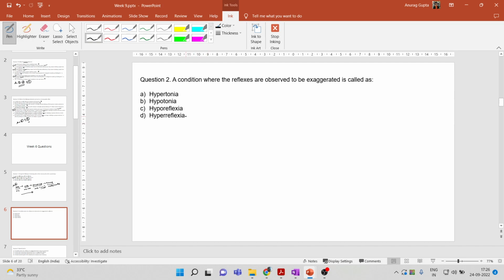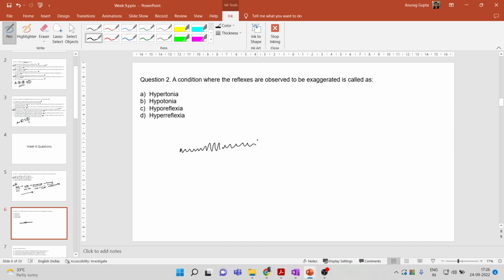Hypertonia is the condition where, if we measure the EMG, there is some baseline activity always in the EMG. If we take an electrode and put it on a muscle belly and record the EMG activity, there's always some baseline activity.